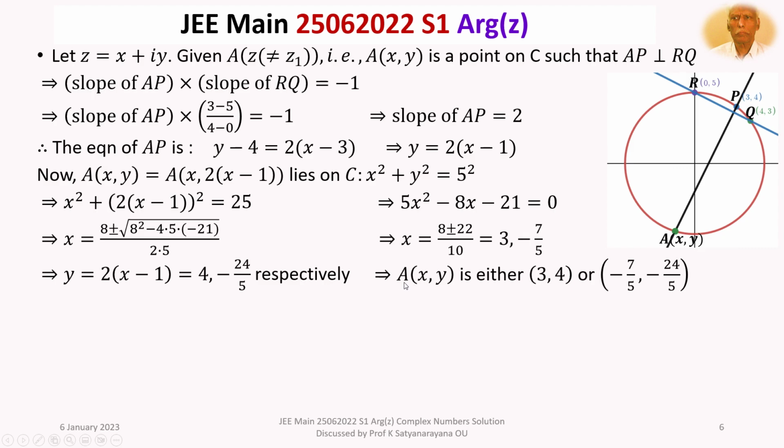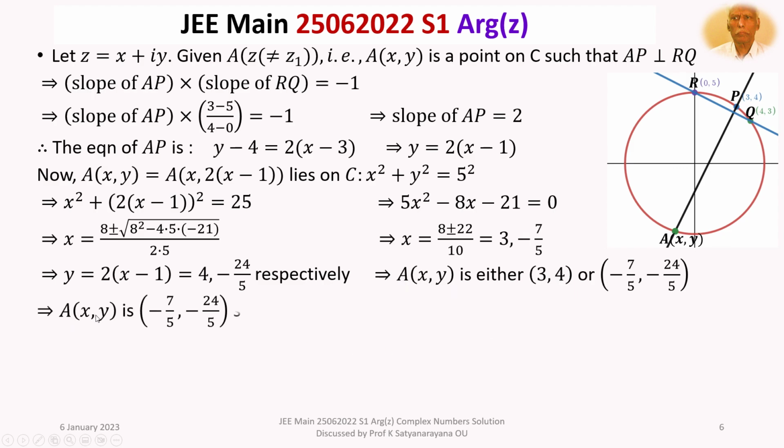But you know this point, that is Z, is not equal to Z1. This 3 comma 4 is Z1. So it is given Z not equal to Z1. So it cannot be 3 comma 4.